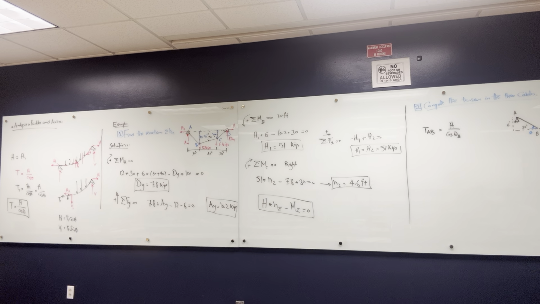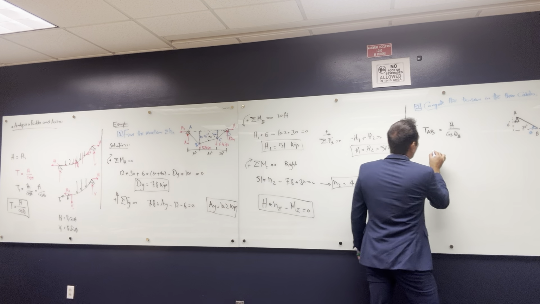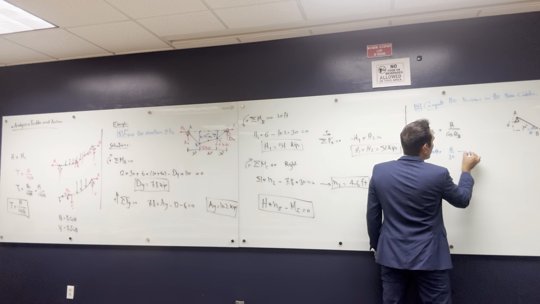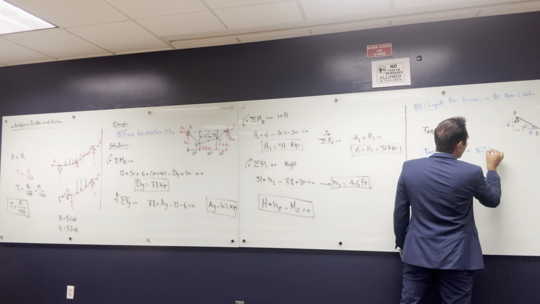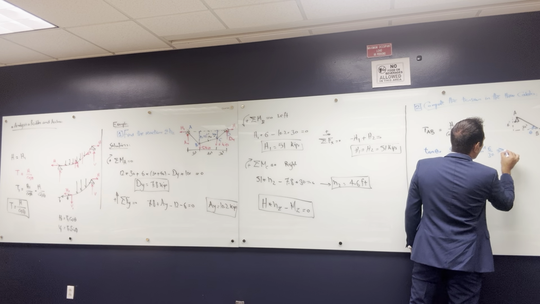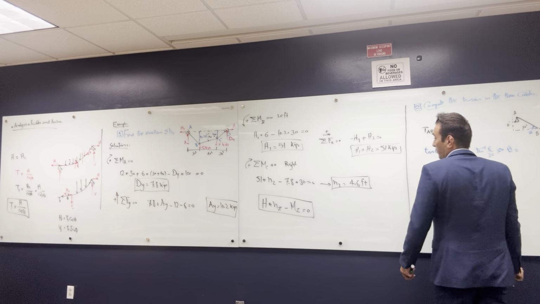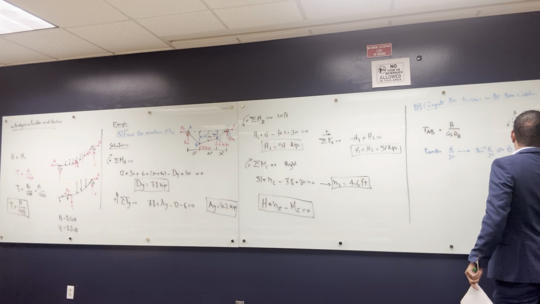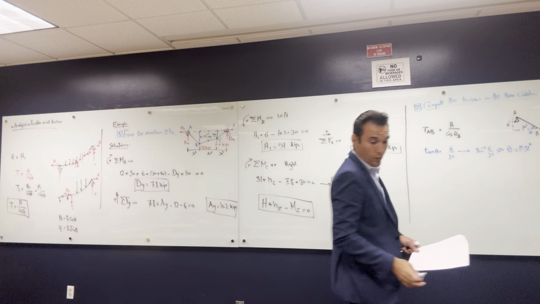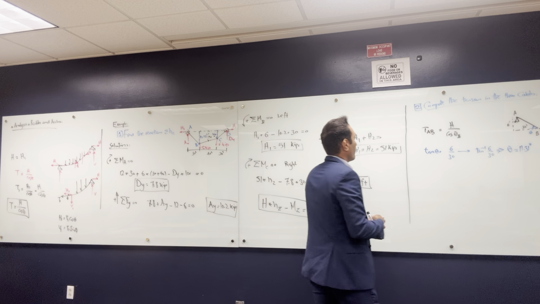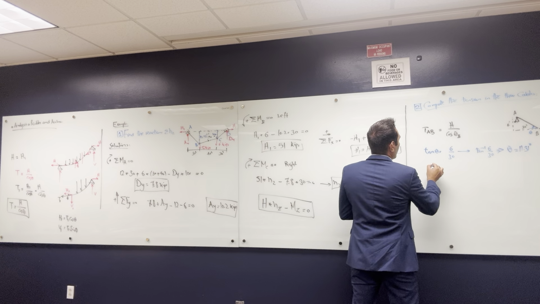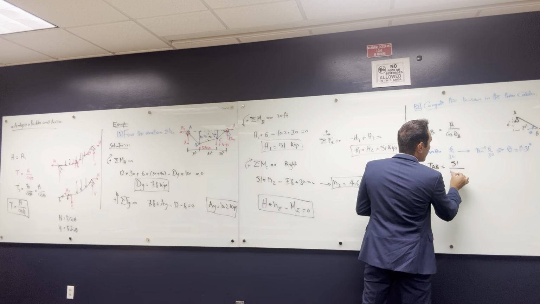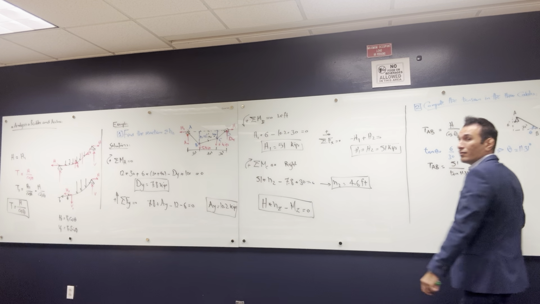Geometry, right? I know tan theta. Tan theta is equal to 6 over 30. Then you get tan inverse of 6 over 30 on the calculator, and this is equal to theta. Once you find it, theta is 11.31 degrees. So once I know this, you can get TAB equal to 51 over cosine 11.31, which is equal to 52.